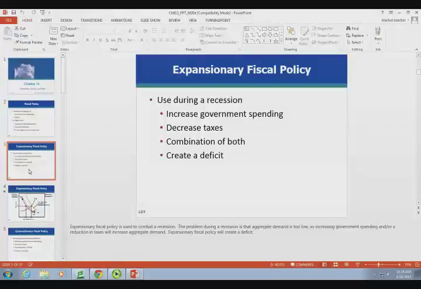During this time, how many have ever heard the term deficit spending? What does that mean? Go ahead, Dylan. I know it's pretty much just spending to give people jobs, get people motivated, get people working. Okay. I remember one of my history teachers talking about it with FDR during the big New Deal and everything like that.